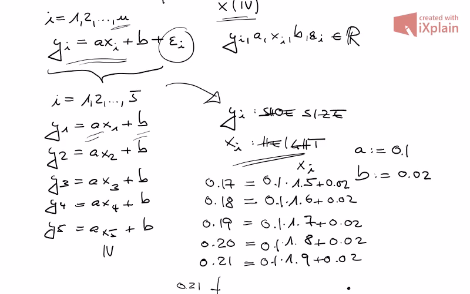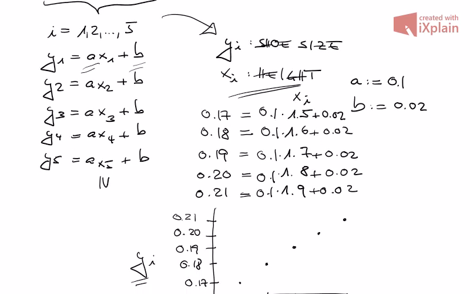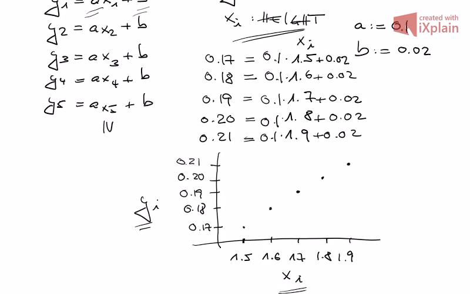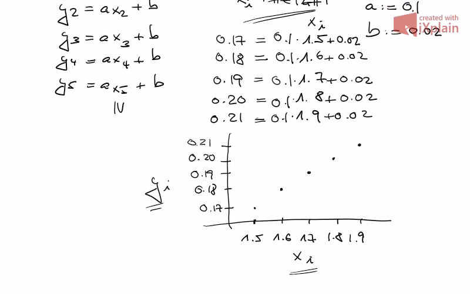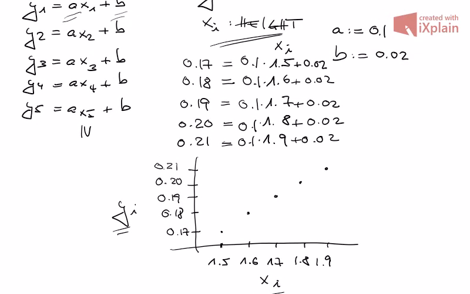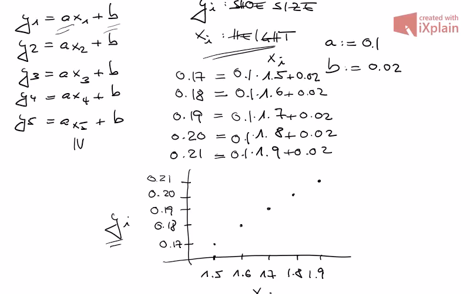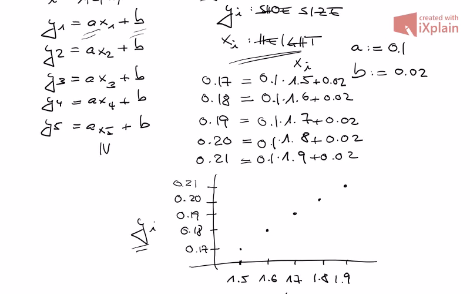Yeah. Now, what does this have to do with matrix multiplication? Well, if you look at our equations that we wrote, at least here on the left side, we can view this as a vector. So we can view our y1, y2, y3, y4, and y5 as a vector.